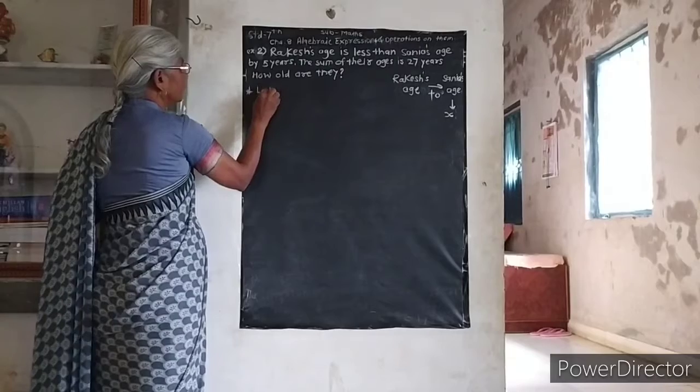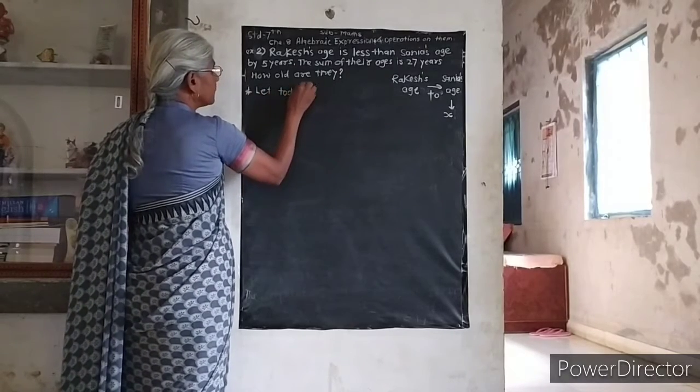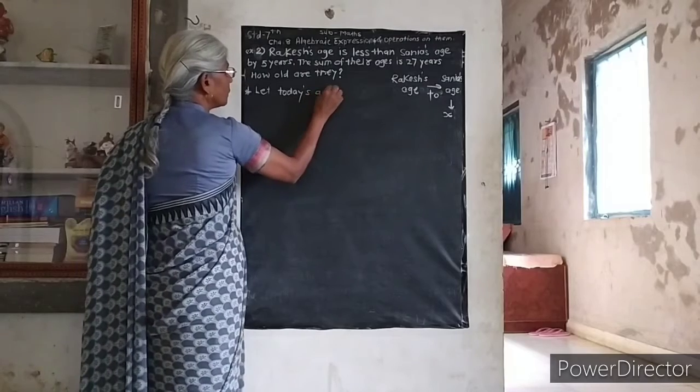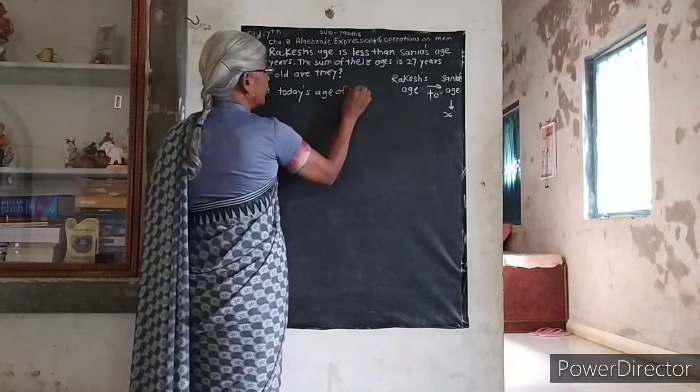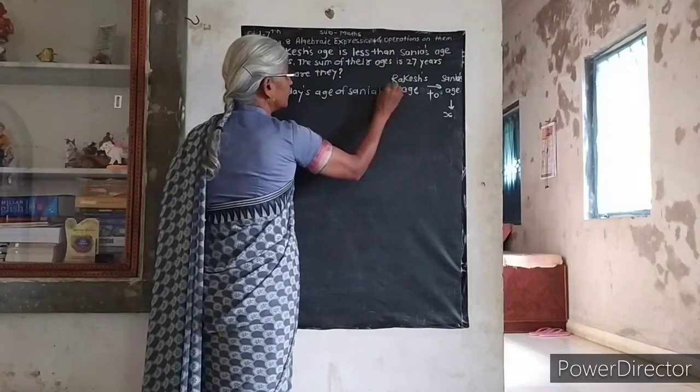Then how to solve it? Let today's age of Sania be x years.